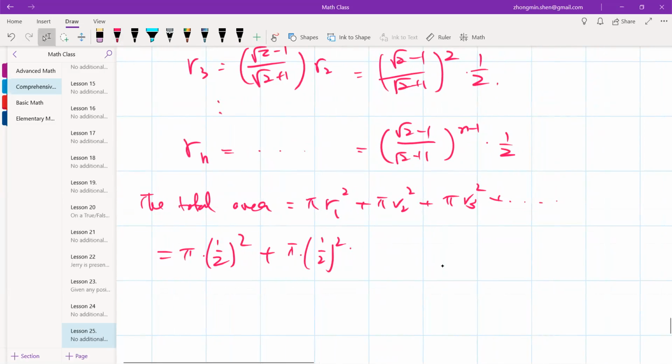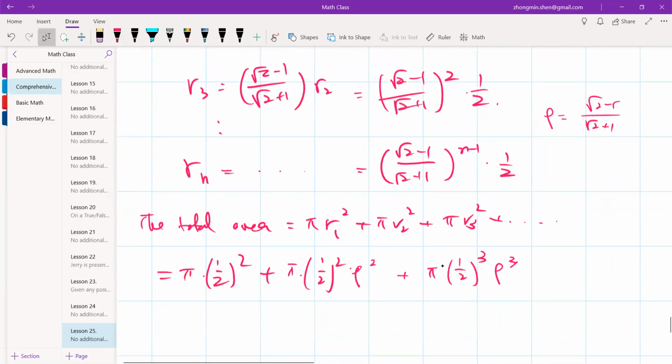for simplicity, maybe I call the ratio rho. So it's going to be rho squared.